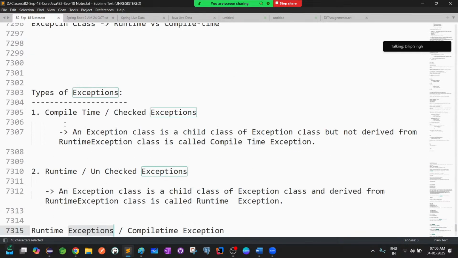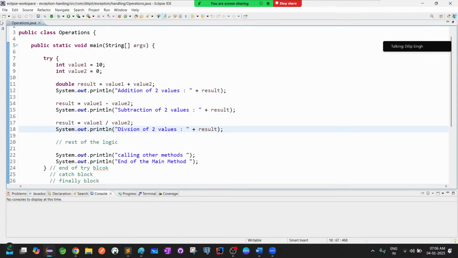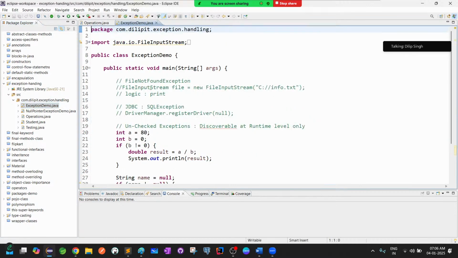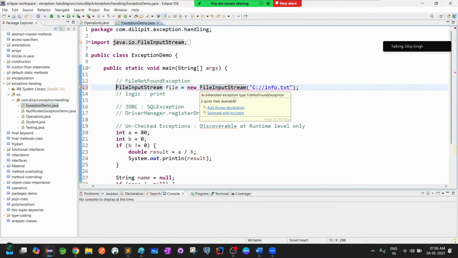Whenever you are compiling your program, the compiler will give you an exception, and the compiler will force us to handle that exception. For example, yesterday we took a file not found operation. The moment you are doing file operations, it will immediately force us to handle an exception called FileNotFoundException.